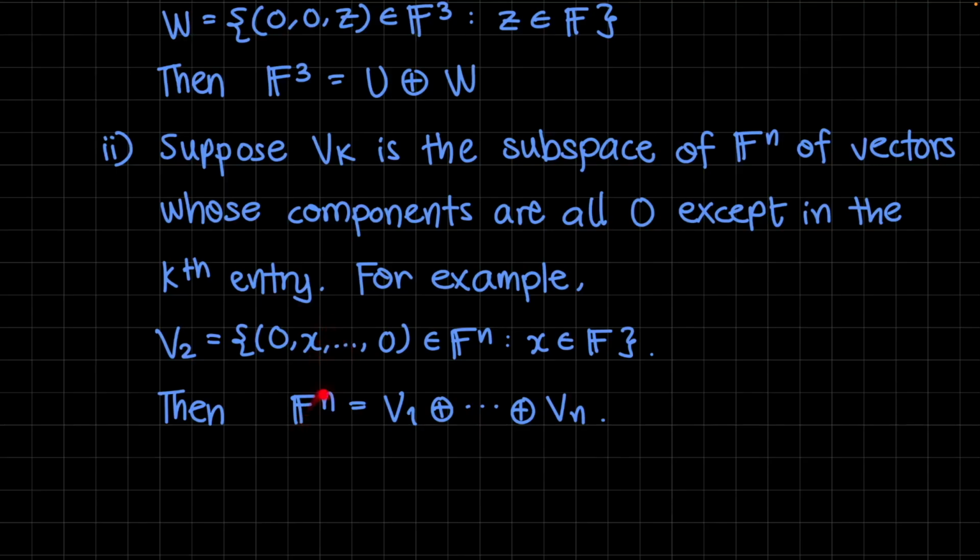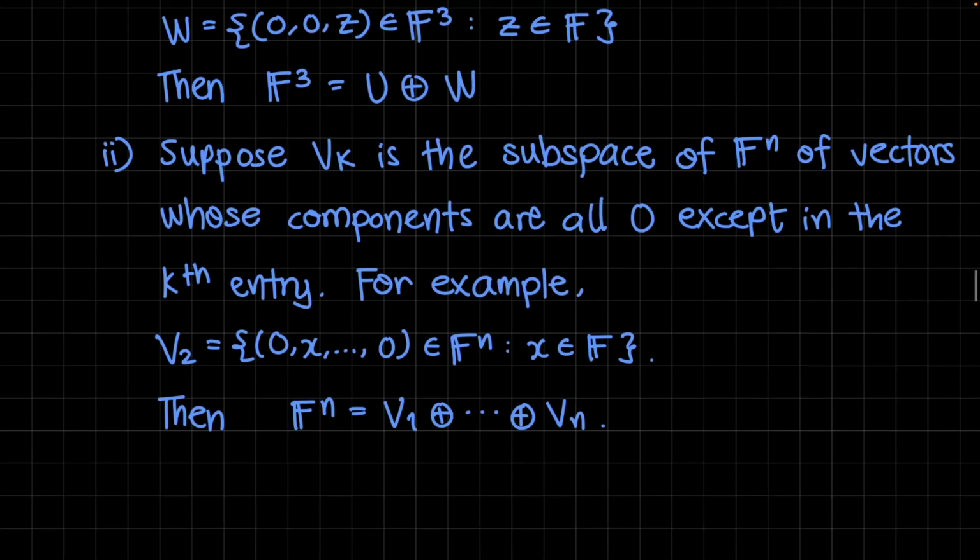So you can take F to be R, you have Rn, the Euclidean n-dimensional space, broken into subspaces which are just the axes, the different x, y, z. You'll have n axes because it's Fn or Rn. That's the kind of direct sum decomposition you have.